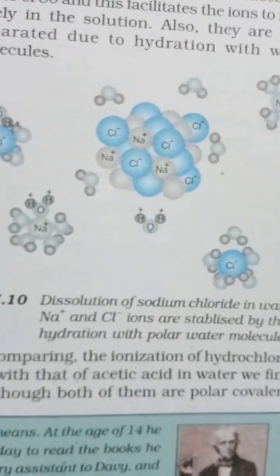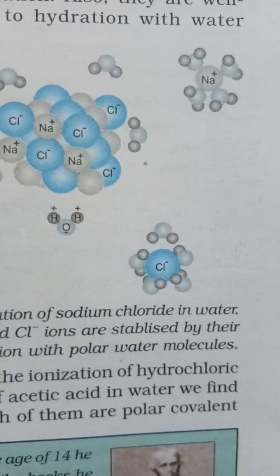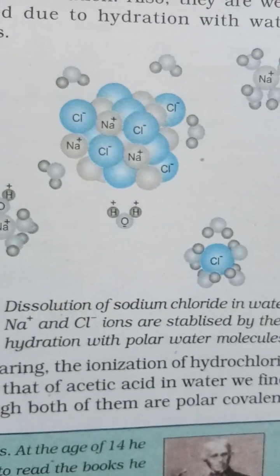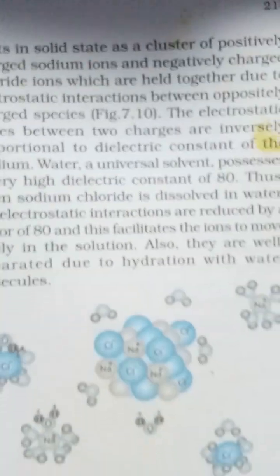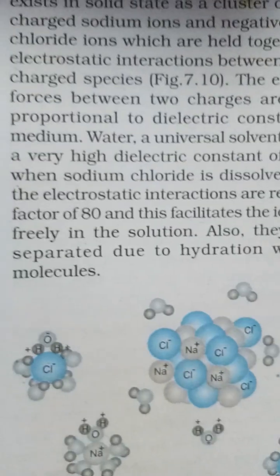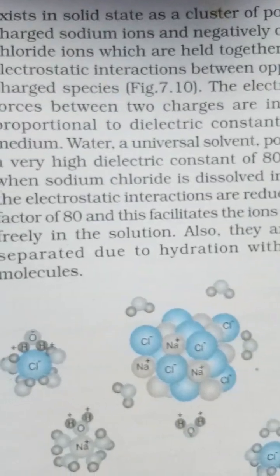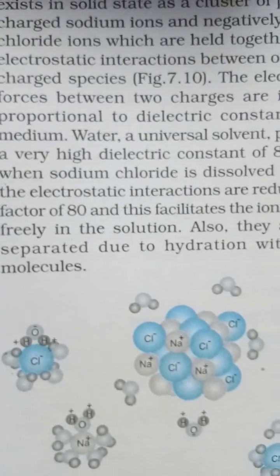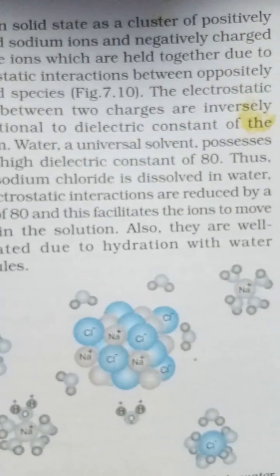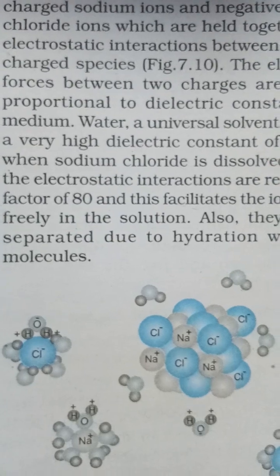Figure 7.10 will provide you the information regarding what I have said to you. Sodium plus, chlorine minus, and the electrostatic forces between two charges are inversely proportional to the dielectric constant of the medium.